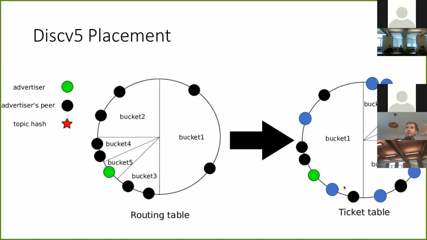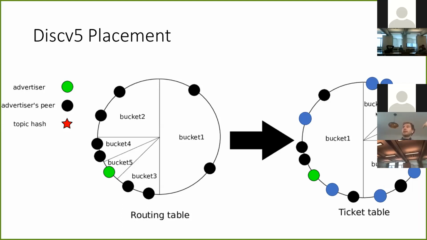And if everyone repeats the same process, which you can do only based on your local information, you can see that we achieve the distribution that we wanted. So if I'm far away from the topic hash, the buckets are huge because they cover a lot of hash space, and we place a fixed amount of registrations. So we're not very likely to find a lot of advertisements for this specific topic in this space.